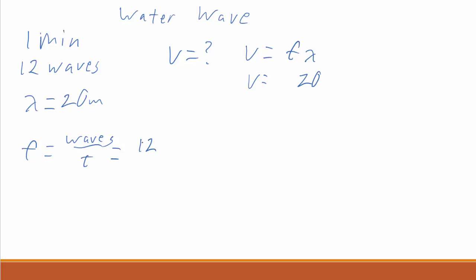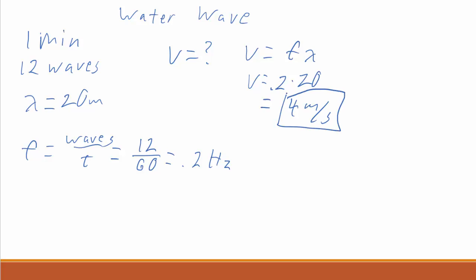So this time I'm going to convert to seconds. So 12 over 60, which is 0.2 hertz, or 0.2 inverse seconds. So I can plug that in here, 0.2 times 20, and I get a wave speed of the water waves coming in at about 4 meters per second.